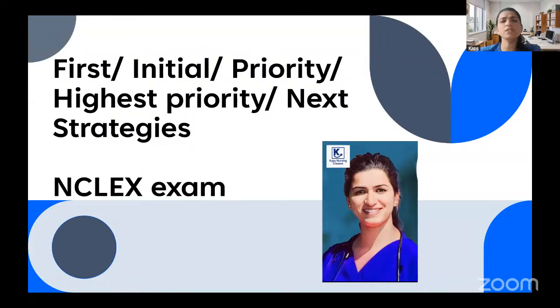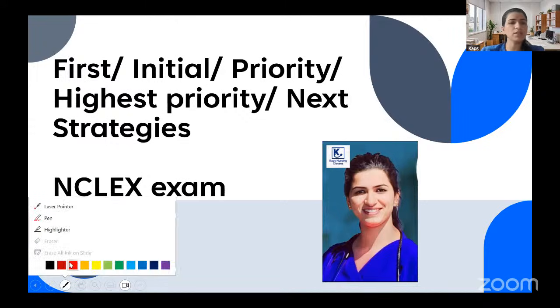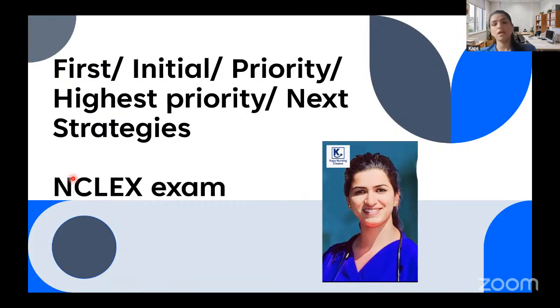Many students always have a question mark about how to solve these types of questions. When it says first, initial, priority, highest priority, next strategies, like next. So when you see these words in your question, how do you solve those questions, right?